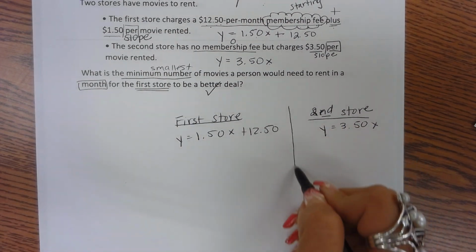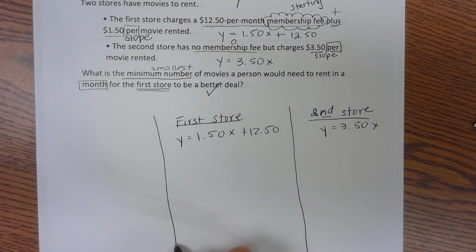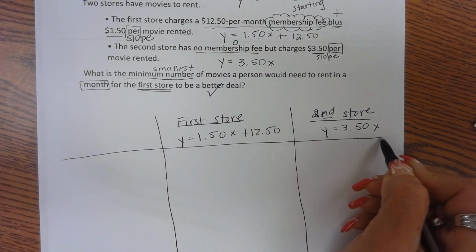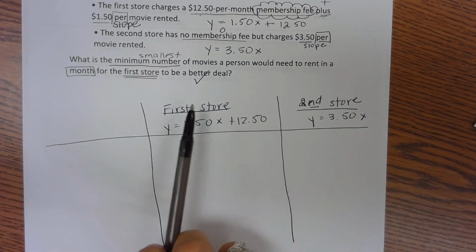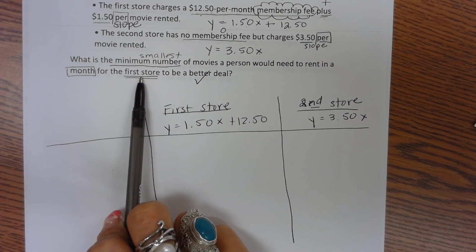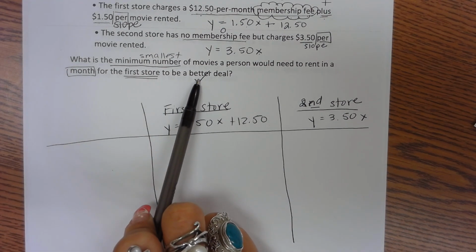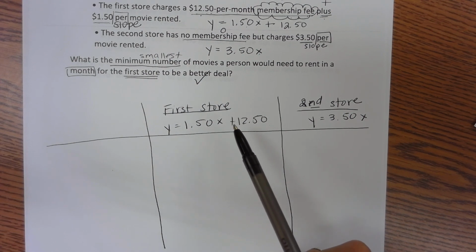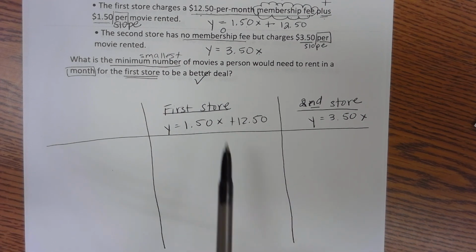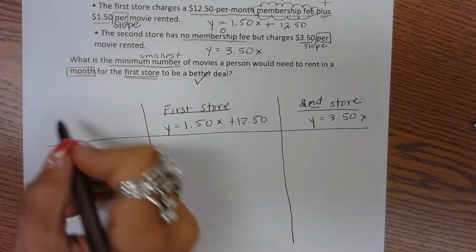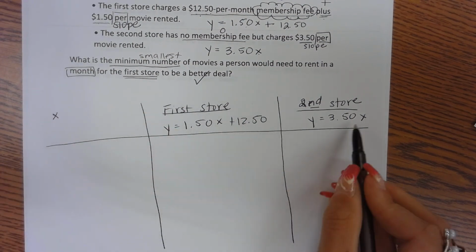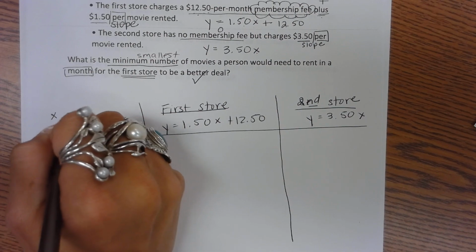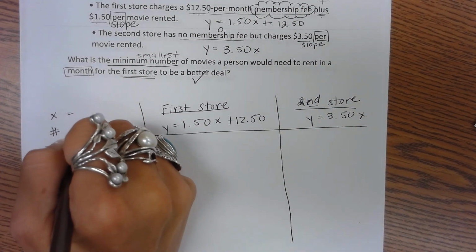So I'd like to go ahead and set up our table. And what are we doing here? We're trying to see when that first store is going to be a better deal. So how many movies am I going to have to rent in order for the first store to be the better deal? So X, the unknown, is going to be the number of movies.